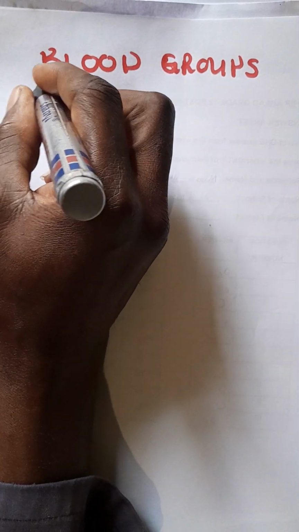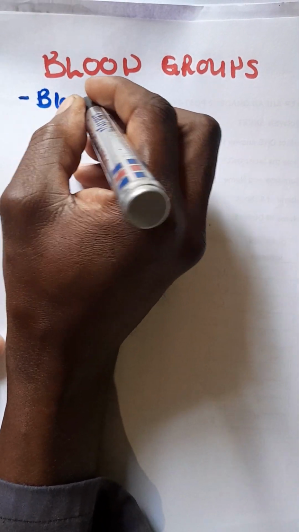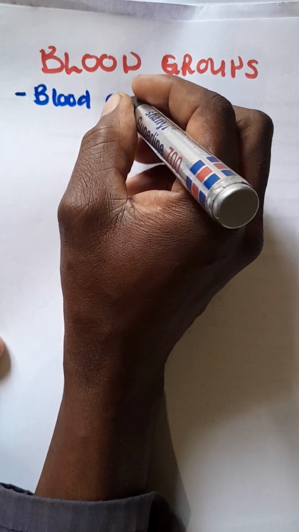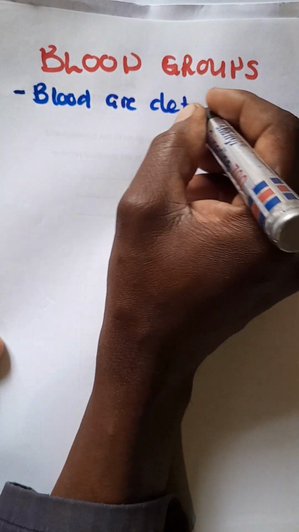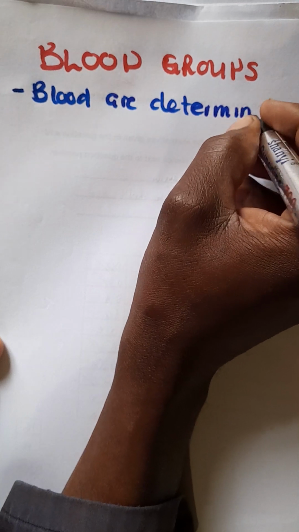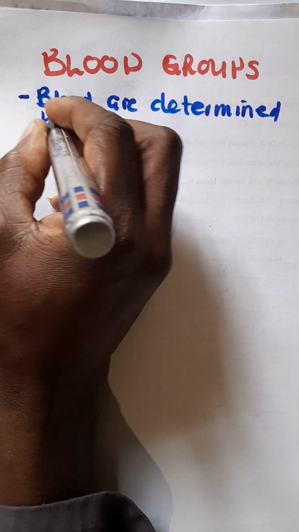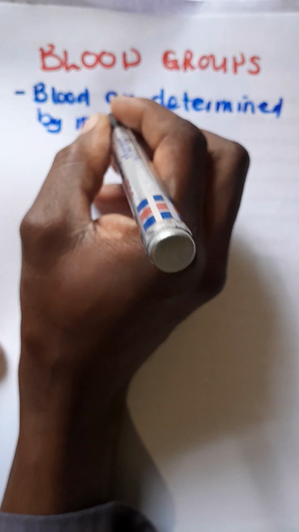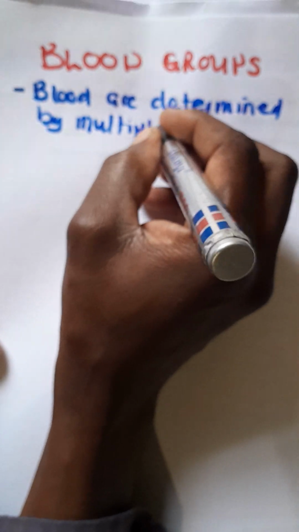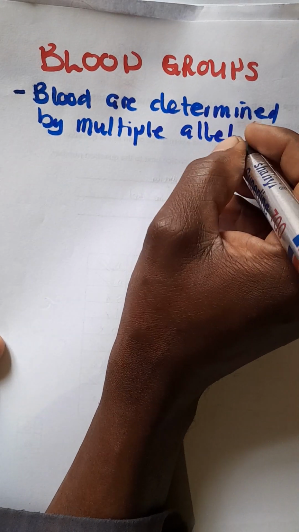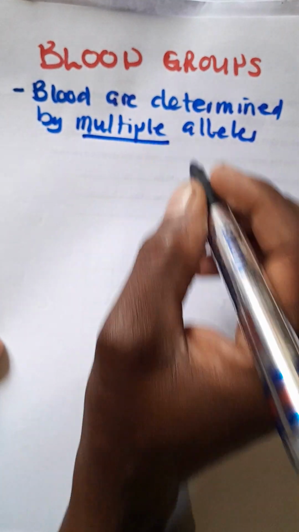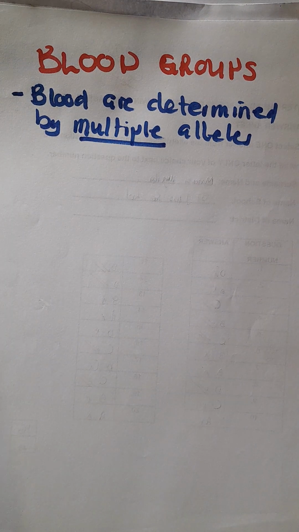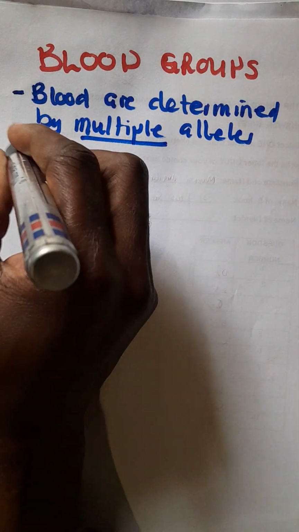So blood groups are determined by multiple alleles. Now let's look at this word multiple. The word multi means many. So what are multiple alleles?